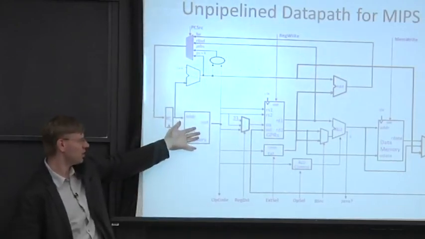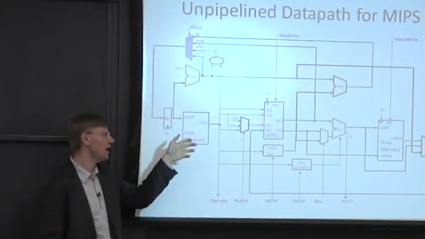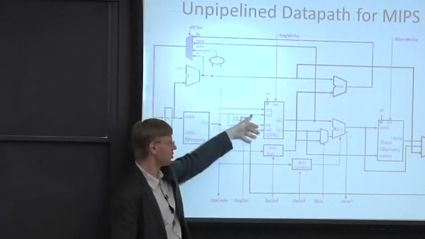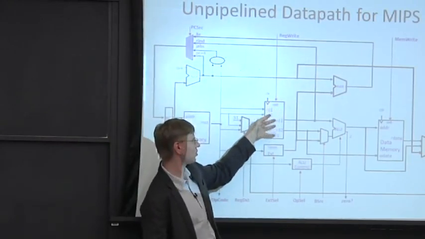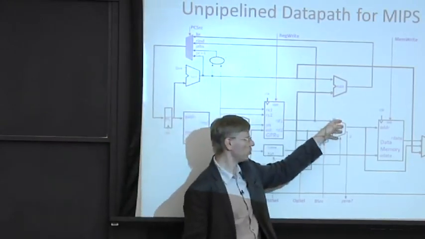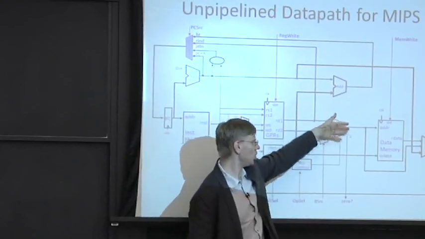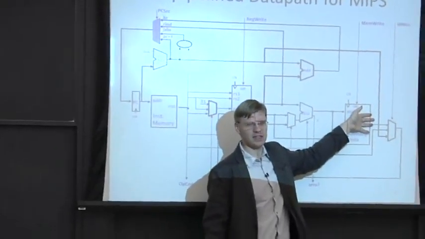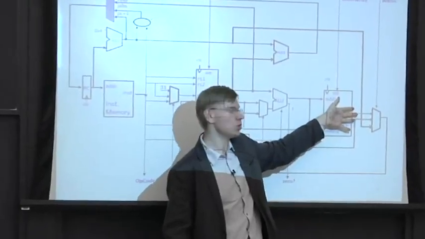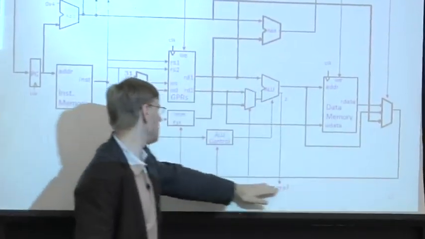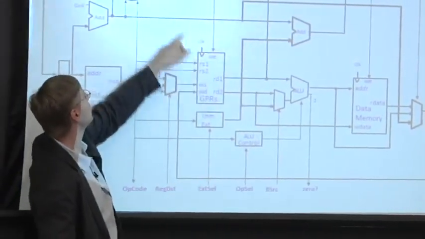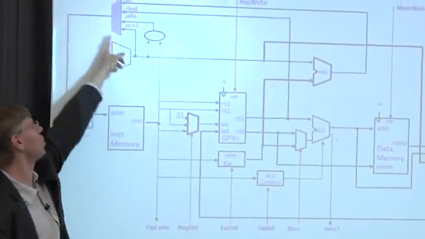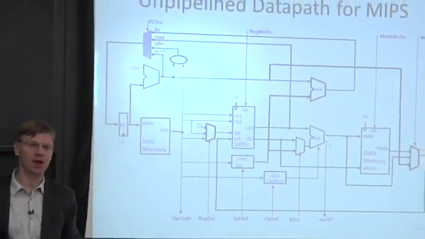We have some instruction memory where we fetch our instruction out. And this flows through. We fetch our registers from our register file. We do the actual computation. We might have to access some data from data memory if we do a load or a store. And then finally, it comes back around. We write the result here, and we increment or change the program counter.